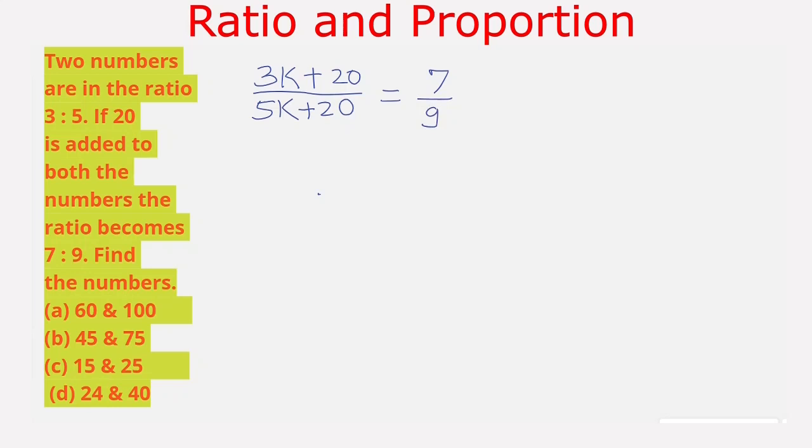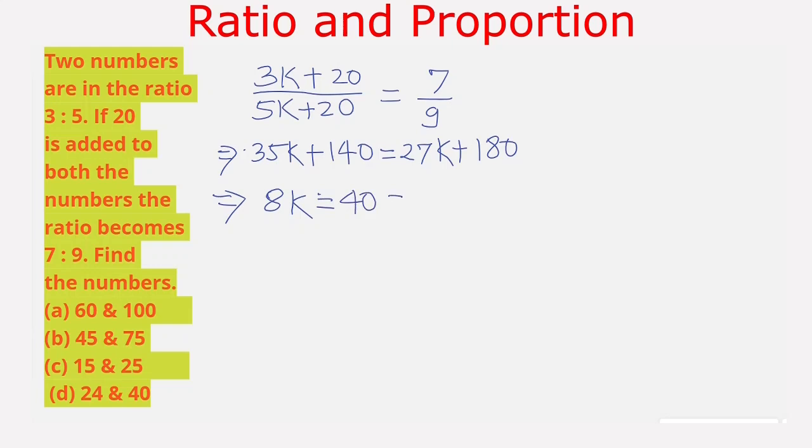Thus our equation is 3k plus 20 upon 5k plus 20 equal to 7 upon 9, and by cross multiplication we get 7 times 5k plus 20 is 35k plus 140 equal to 9 times 3k plus 20 is 27k plus 180. This gives 35 minus 27 is 8k equal to 180 minus 140 is 40, giving k equal to 5. 40 when divided by 8 gives us 5.